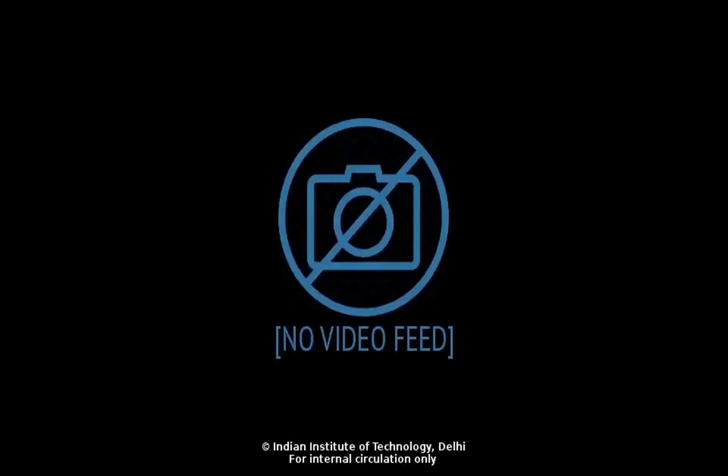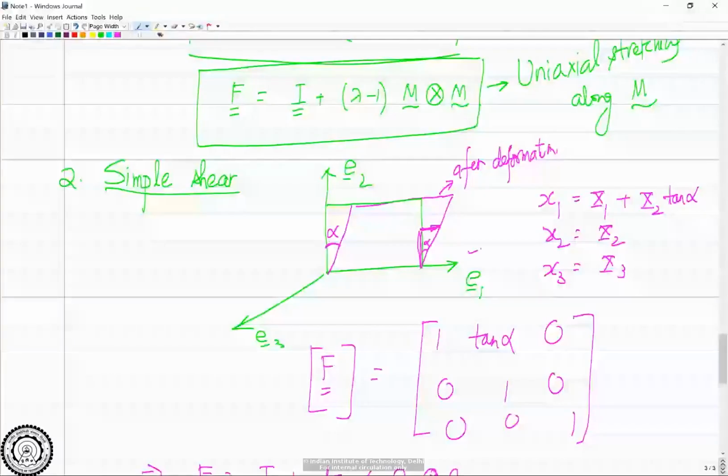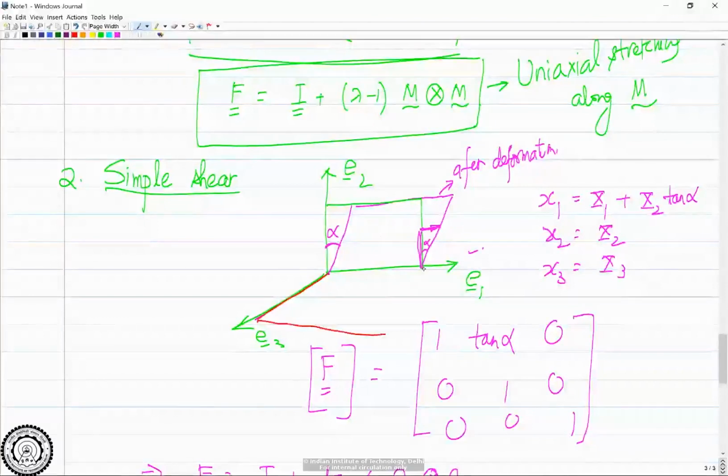See, I can also relate this with this picture over here. Look at this picture. So E1, as I told you, is the direction in which there is shearing. And think of these planes. So one plane, for example, this is the plane in E1, E3. Then you have another plane here.